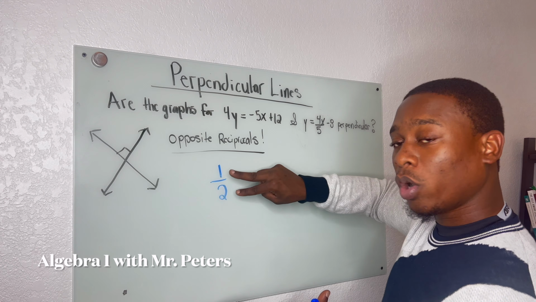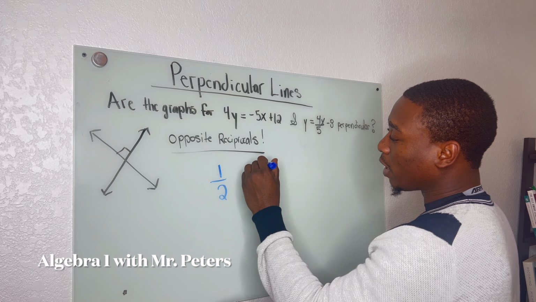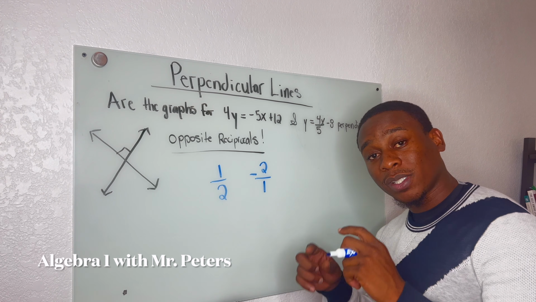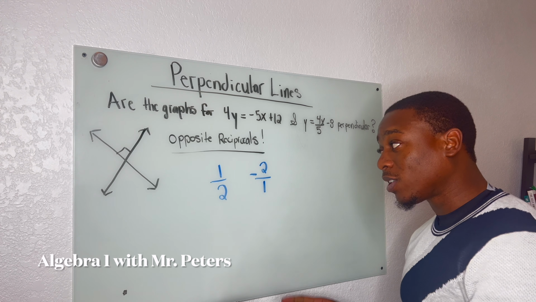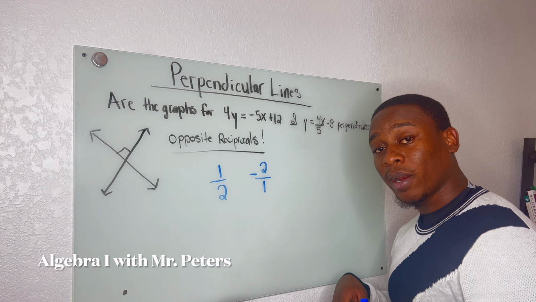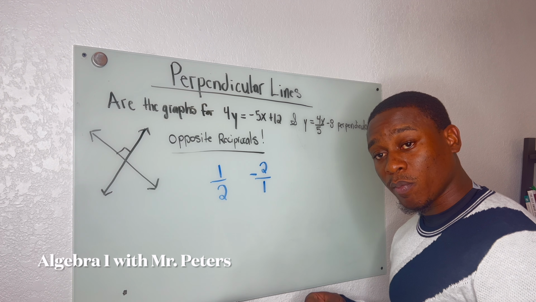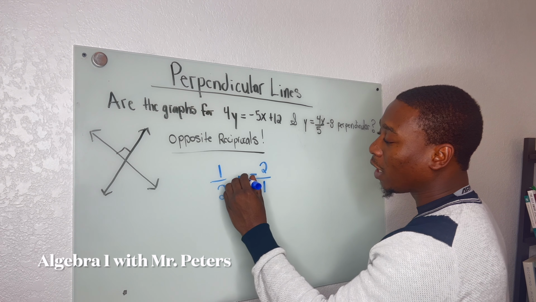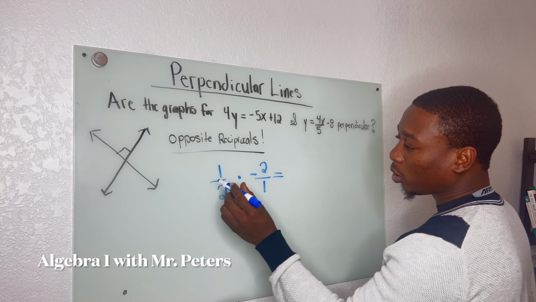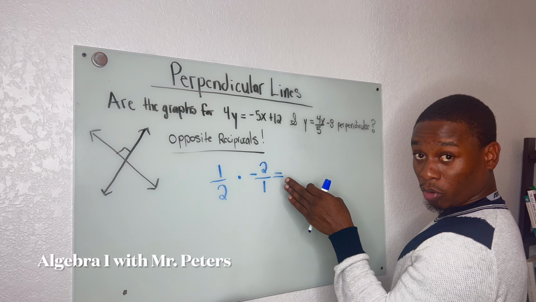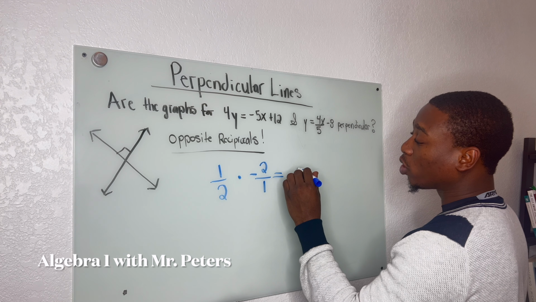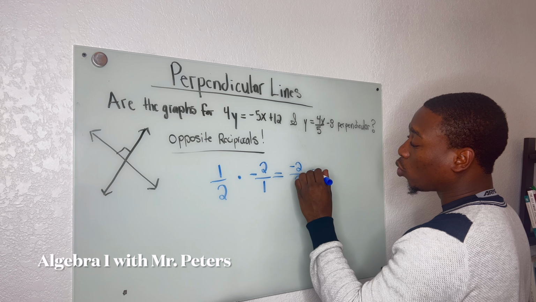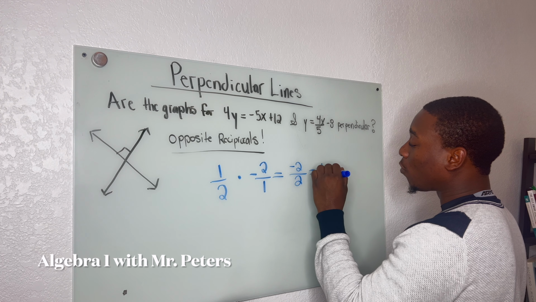So if this is 1/2, it's now going to be -2/1. And for us to definitely check if this is correct, we should know that the product, when we multiply the two slopes, should give us a -1. And when I look at this opposite reciprocal right here, once we multiply straight across, we're going to get -2/2, which simplifies to -1.